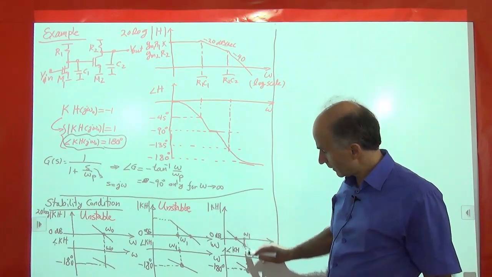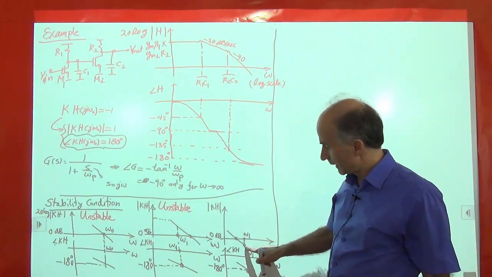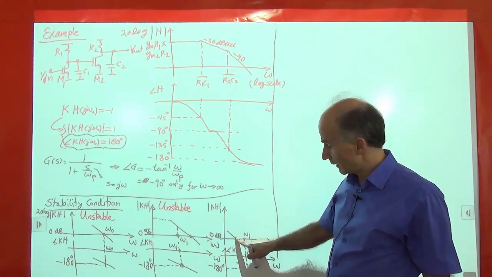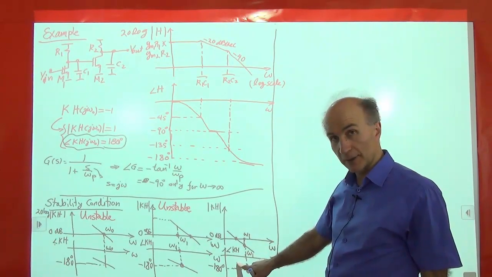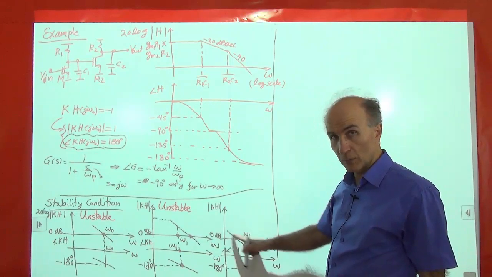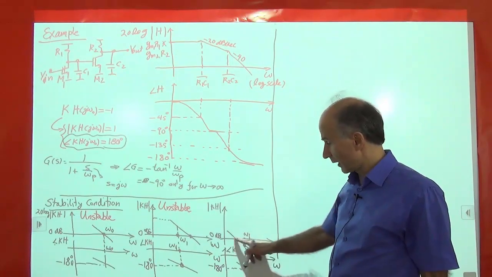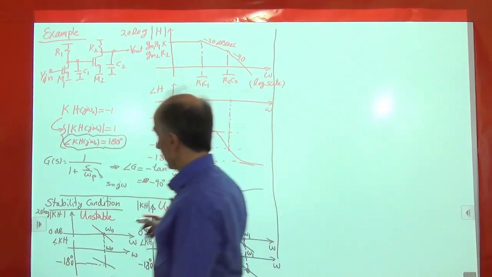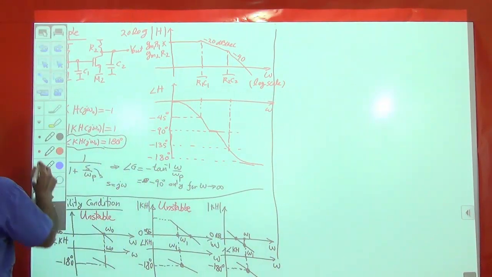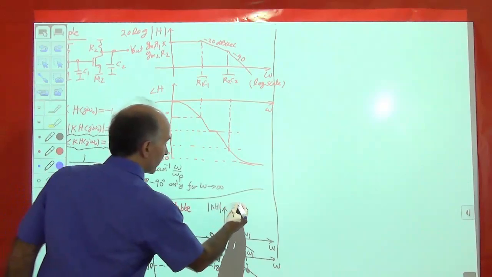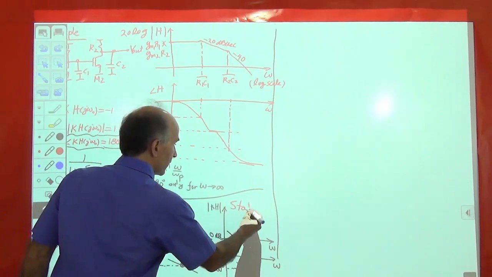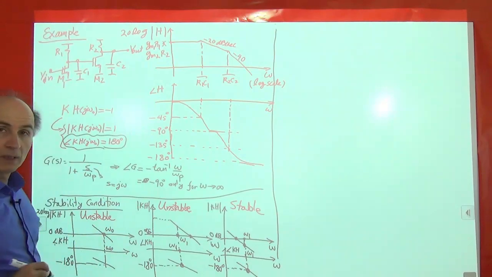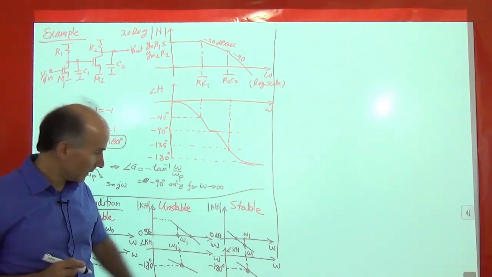So either here, you can sit here and say the loop gain is not enough for oscillation, or here say the phase shift is not enough for oscillation, right? Either of these. So the loop simply does not oscillate at any of these frequencies. So in this case, the system is stable. And naturally, that is the scenario that we want to uphold when we are looking for stability. This is the situation.